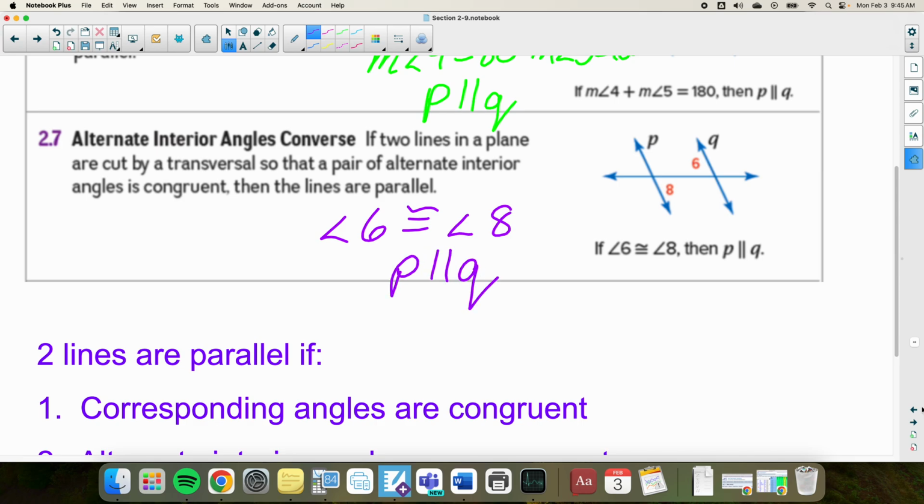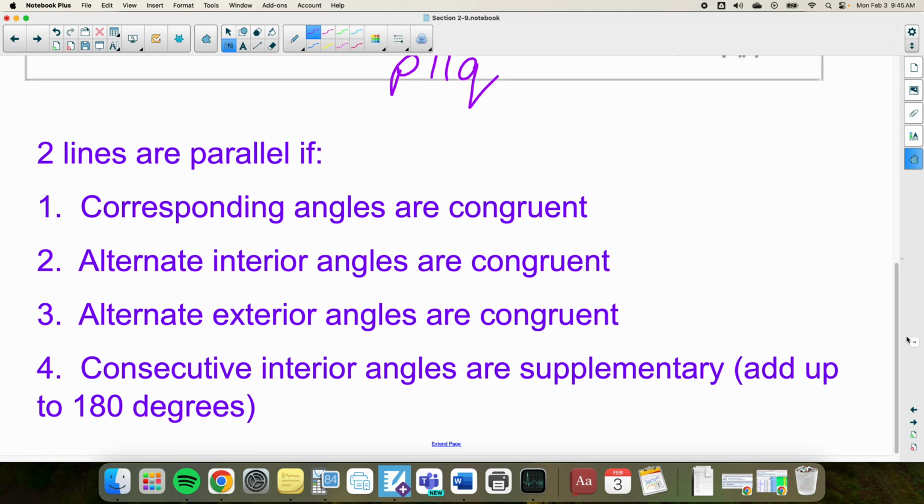Okay? So this just summarizes what we just went over, and this is on your cheat sheet if you forgot when it comes to Friday's test. So we want corresponding angles to be congruent, alternate interior angles to be congruent, alternate exterior to be congruent, and then consecutive interior to be supplementary or add up to 180.